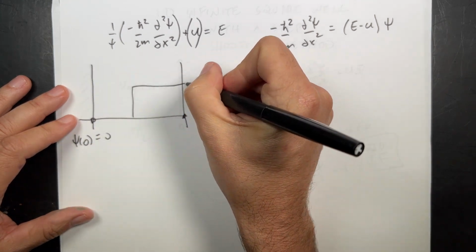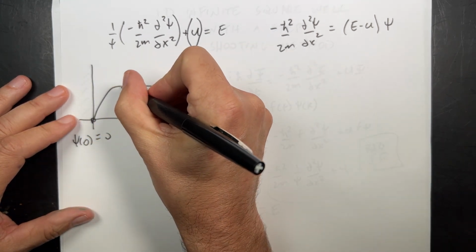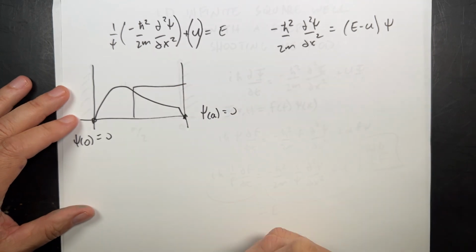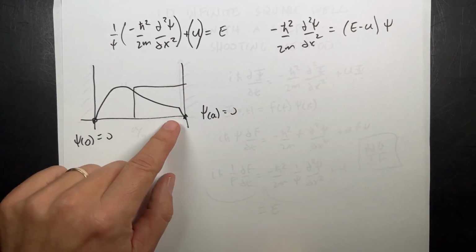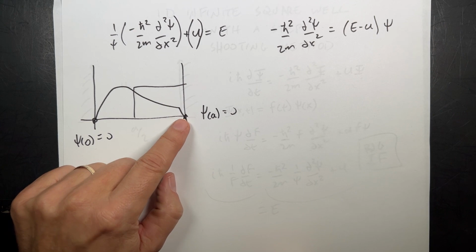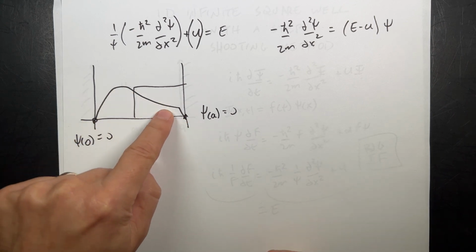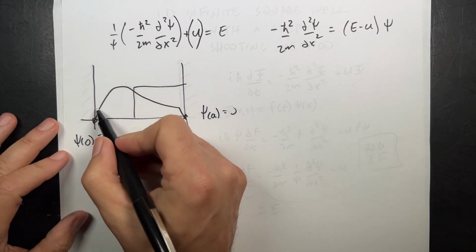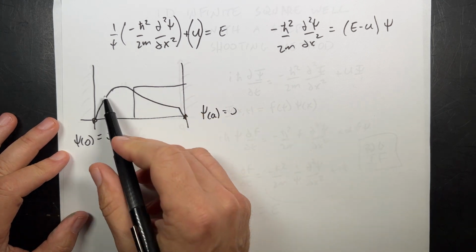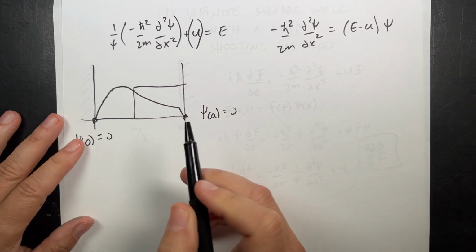And there's my step. I want some function that looks like maybe this. It should go down right there. Now I can model the position by calculating each point in the future and then keep adjusting E until we meet this boundary condition.